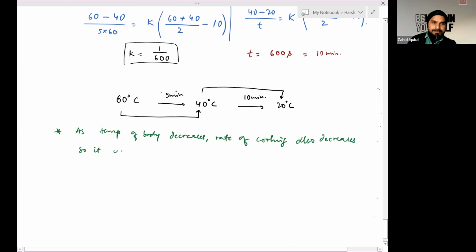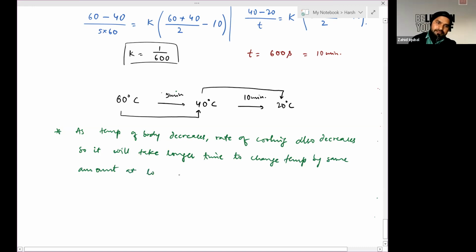So it will take longer time to change temperature by the same amount at low temperature.